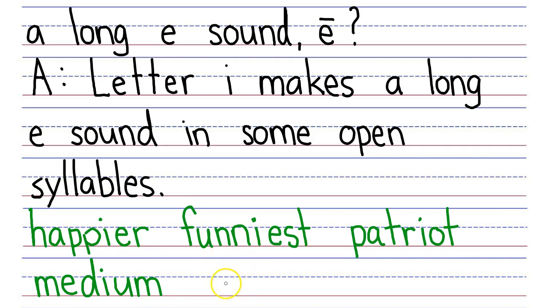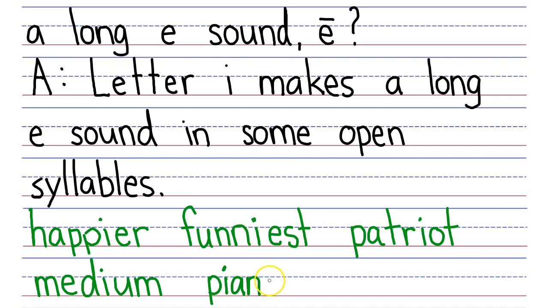And last word, piano. First syllable, P, spelled P-I. The I makes a long E sound, E. P-E. Second syllable, an. That's a closed syllable, so the A makes a short sound, a.